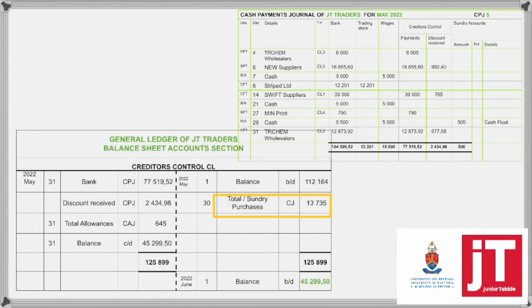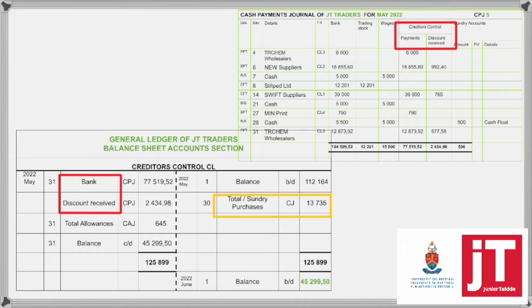Now, we have to look at the posting. So when it comes to posting to the general ledger, and we post from the creditors journal, it's actually quite straightforward, because the creditors journal rule says credit creditors control with the total of the creditors control column, and then debit all the other accounts. But when it now comes to posting from the CPJ, the layout of the columns will influence the way you actually record it in your journal.